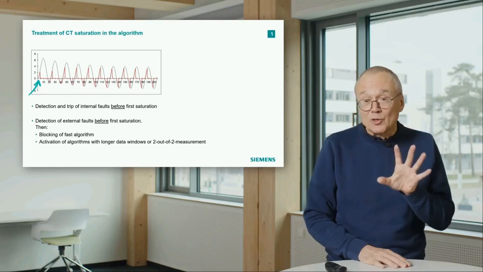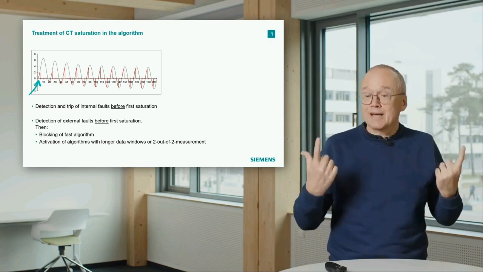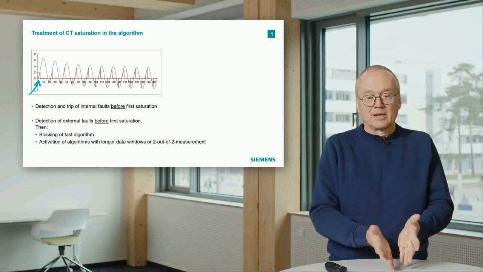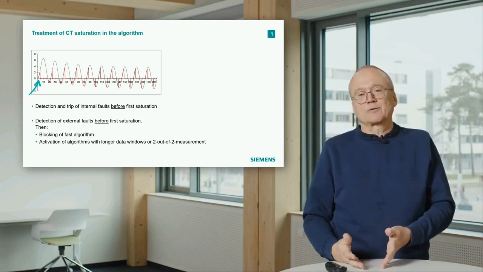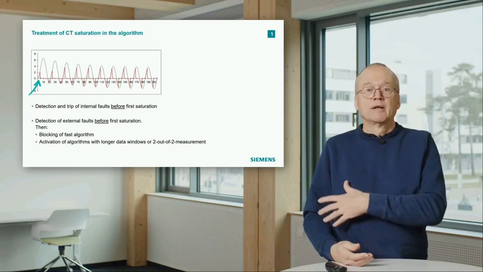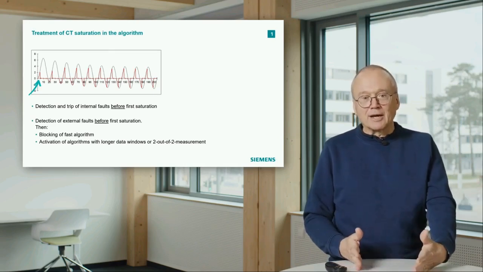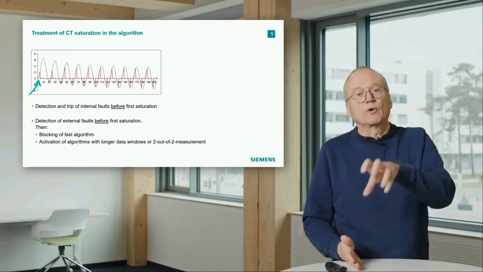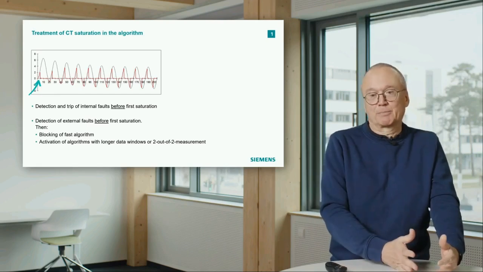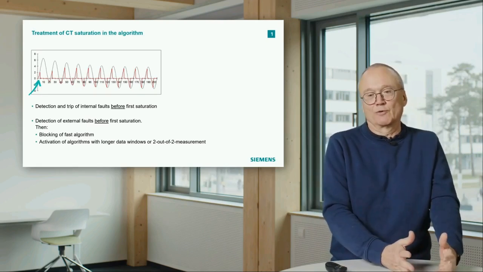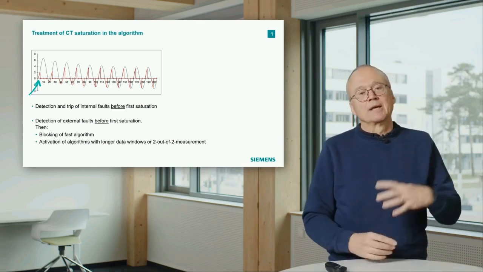But also there we must always be careful with blocking, because we can also have the situation that we have an external fault, maybe there is an exploding current transformer or whatever, and the parts fly onto the bus bar, and 10 milliseconds later this external fault evolves to an internal fault. And if we then block the busbar protection, we would not catch the internal fault. That means this blocking is always a little bit a critical thing.